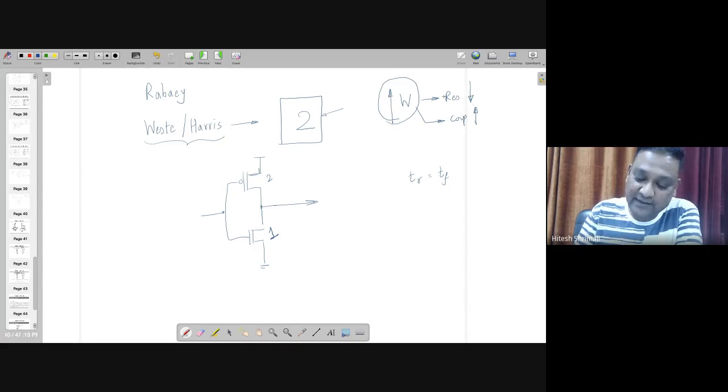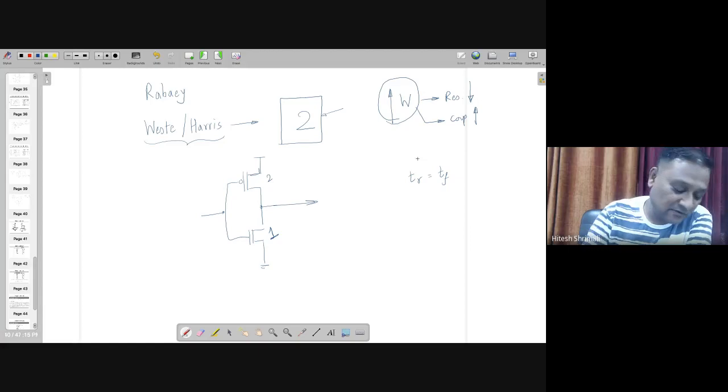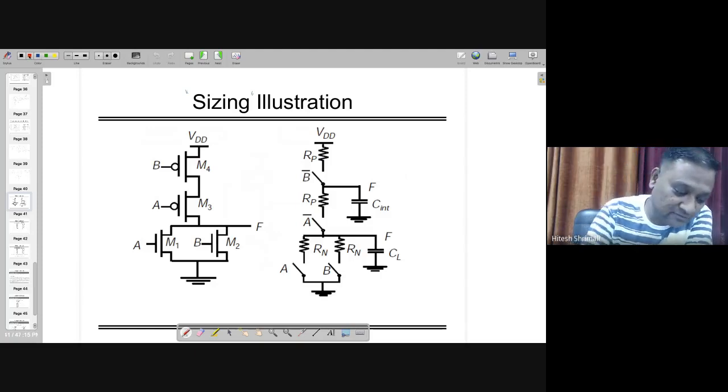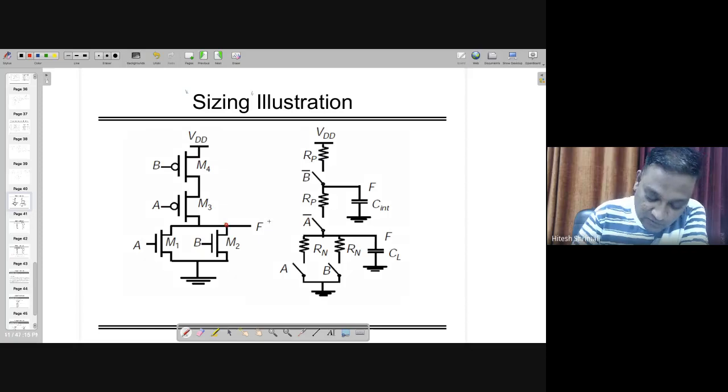Otherwise, as you are increasing this, capacitance is also increasing. So you might not decrease the propagation delay; on the contrary, you will increase it. Okay. So in that case, let's assume that one gate is there.